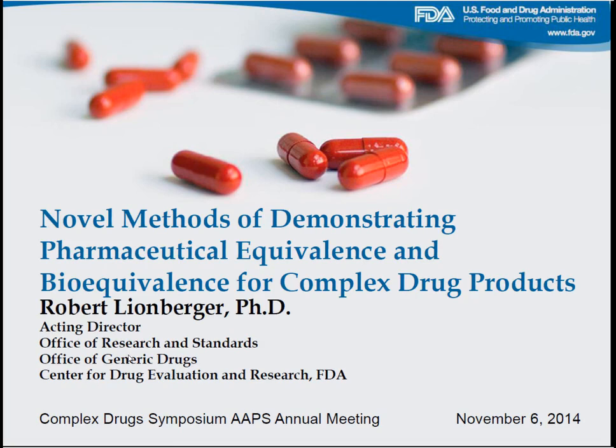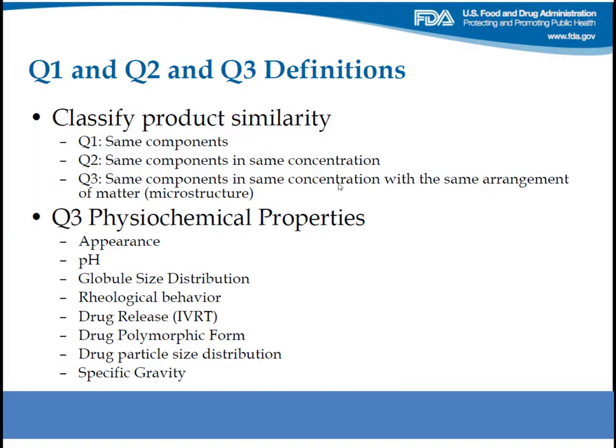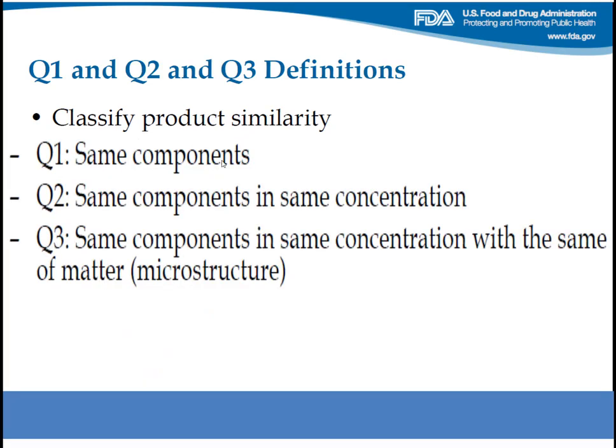Rob Lineberger, who's been a thought leader for many years in FDA, in 2014 had tried to zero in a bit more precisely and had come up with definitions of equivalence based on a three-tiered system, Q1, 2, and 3, where he would classify the product similarity based on whether it had the same components, and then whether the same components were in the same concentration, and finally the same components, the same concentration with the same microstructure, essentially. That's the arrangement of matter.